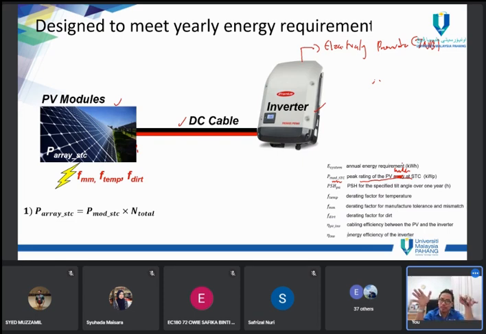On top of the P array STC, on the PV module itself, there are several factors that we need to consider. First of all is the FMM. What is FMM? FMM is the rating factor for manufacturer tolerance and mismatch.